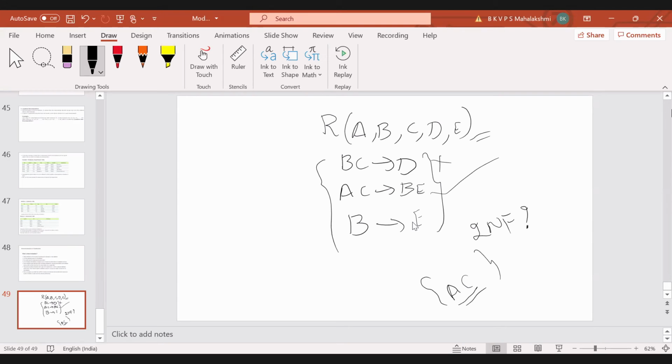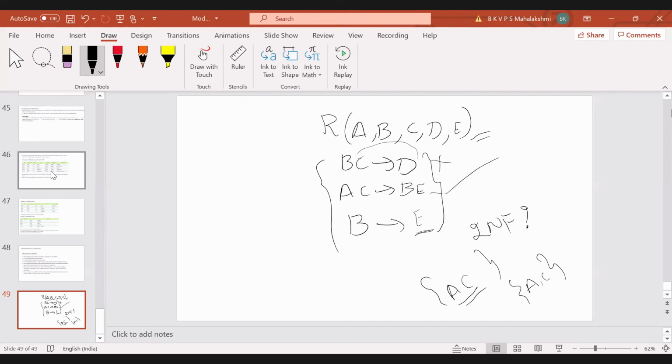So the prime attributes will be AC. Okay. So what is the second property then? All the right side attributes must be fully functionally dependent on left side attributes.